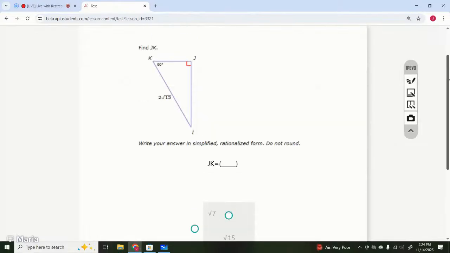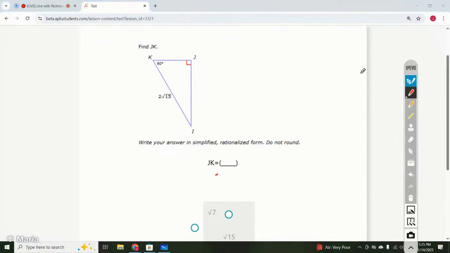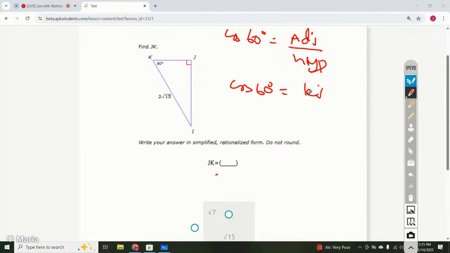Okay, the next one is find the length of KJ, right? So we are going to use cos 60. Cos 60 is equal to adjacent divided by hypotenuse, right? So adjacent we need to find, that is KJ, and 2 square root 15.